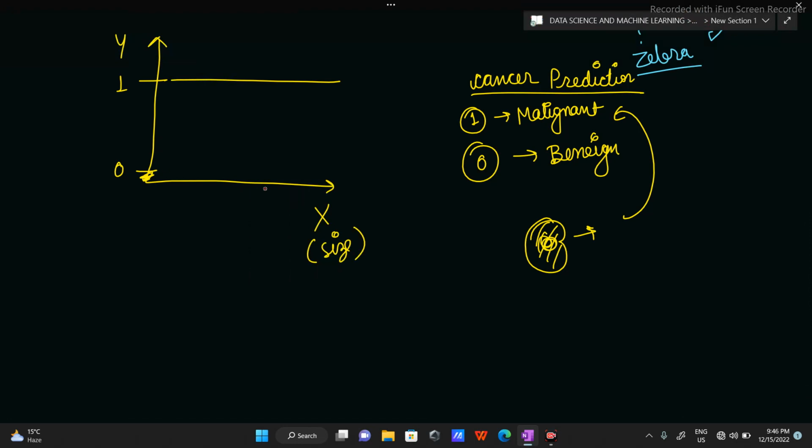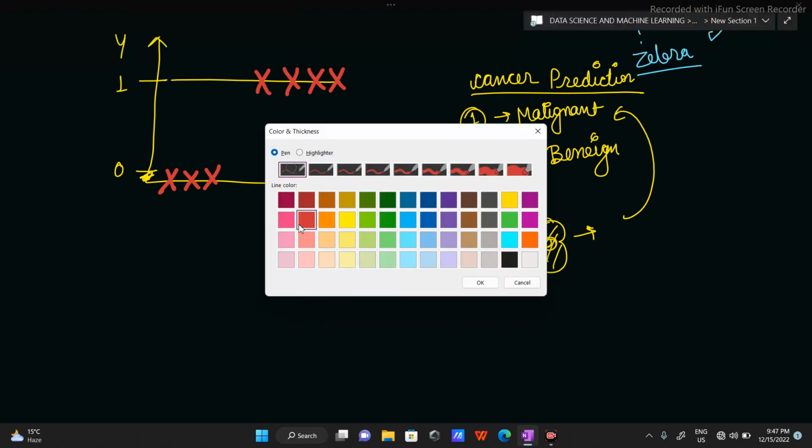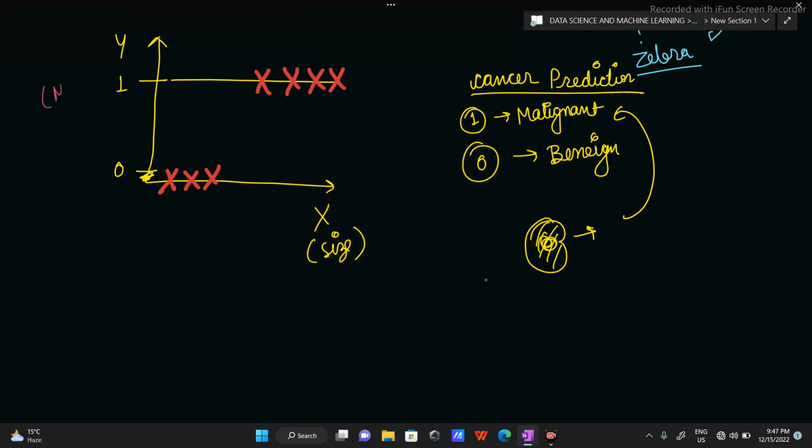After a certain size, the cancer cells start getting malignant. 1 means they are malignant, 0 means they are benign.